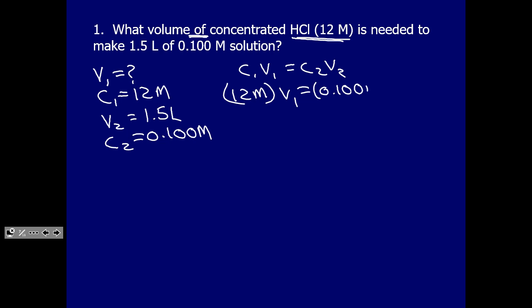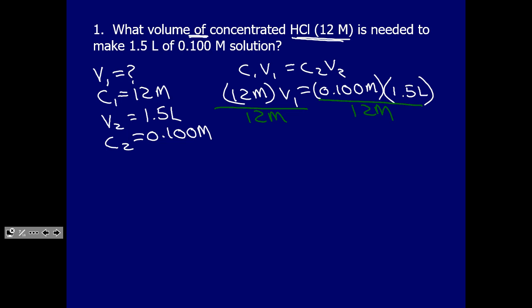I don't get too excited if you don't put the units in. And V2 is 1.5 liters. I'm hoping we've done enough math problems at this point that you know where to move things. 12 molar is going to go down below. I'm going to just write it down to show you what's happening here. 12 molar, 12 molar.